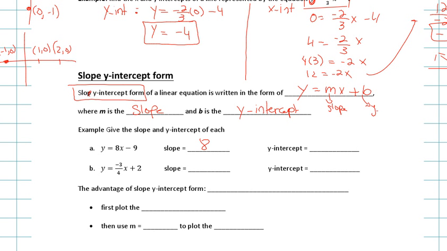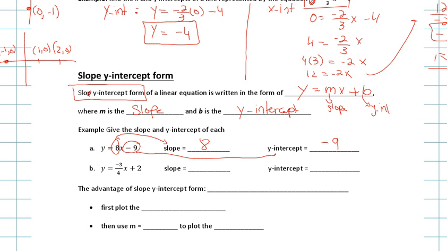So if you're looking at the equation, whatever is with the x, that's the slope, just the number. How about the y-intercept? What is it? Negative 9. So I'm just basically looking at the equation and I'm finding the slope and the y-intercept.